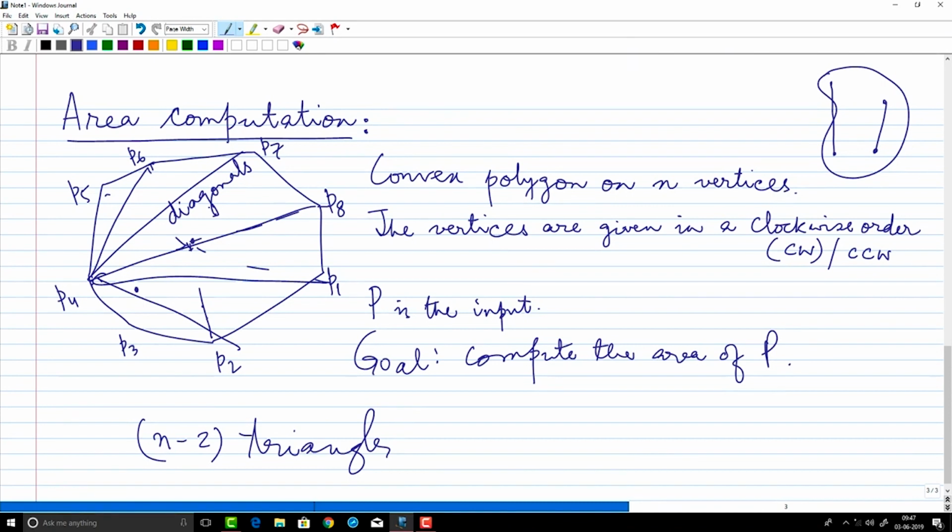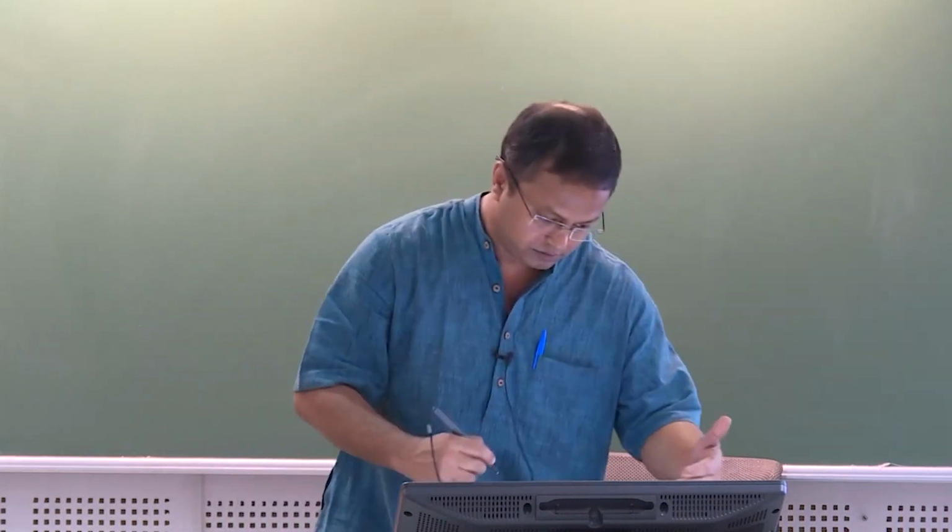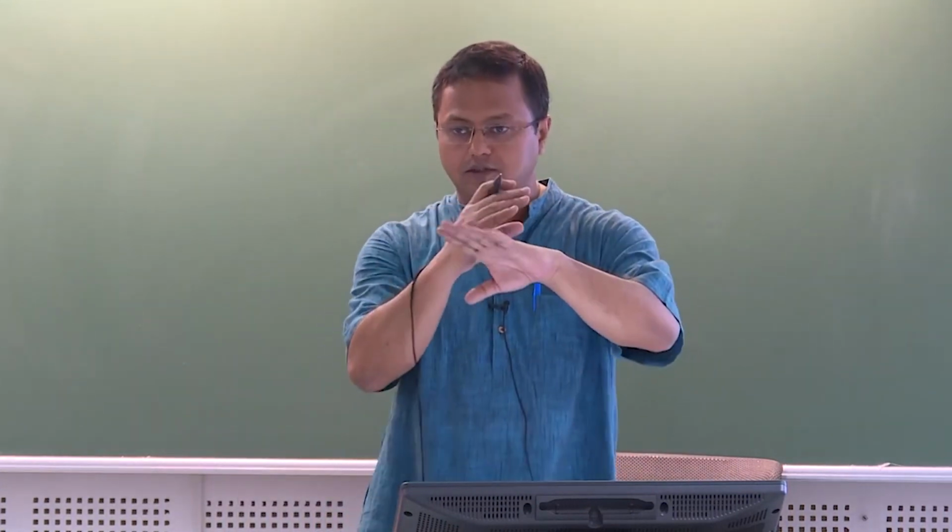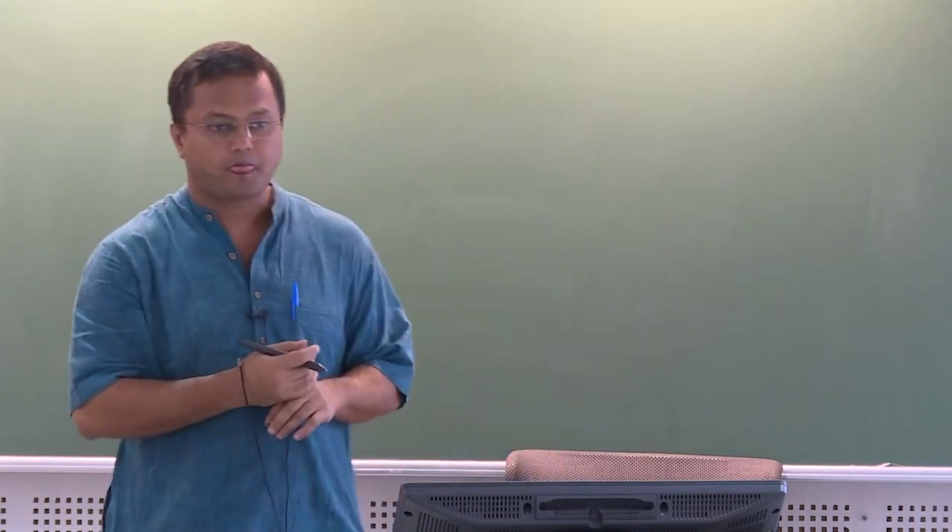So, essentially we can get n minus 2 triangles by drawing n minus 3 non-crossing diagonals, because none of the diagonals cross inside the polygon, right.